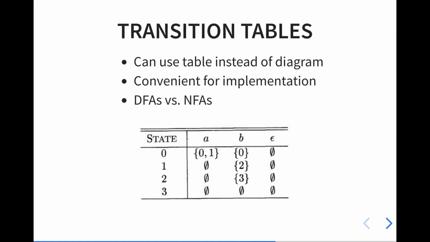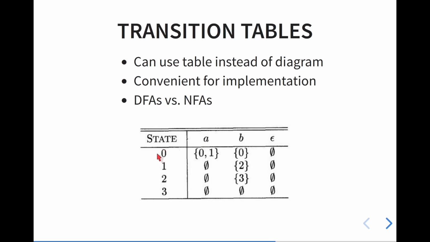So first of all, I want to show another way to represent these state machines. You can always represent them as a table as well, where there's one row per state instead of circles, and then there's one column for each symbol in the alphabet. So we have a finite set of states, we have a finite set of symbols in the alphabet, and we can represent state transitions by looking up the current state you're in and the symbol that's causing the transition.